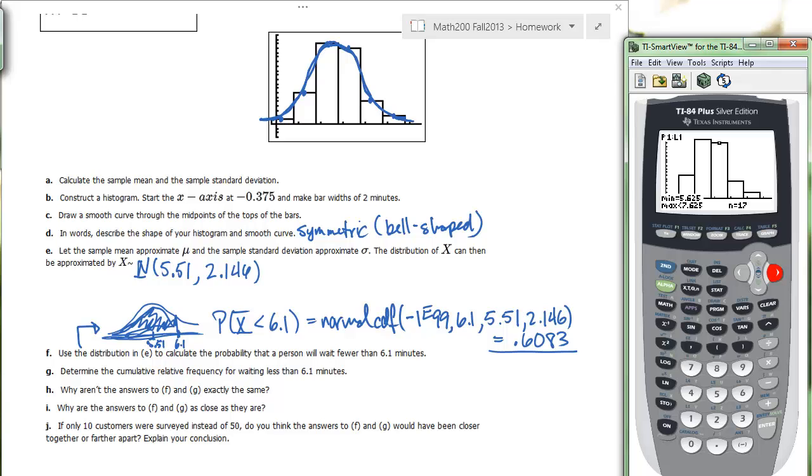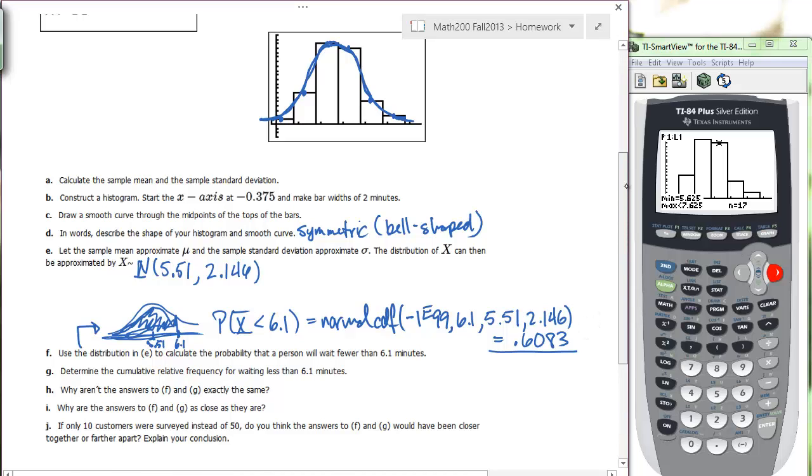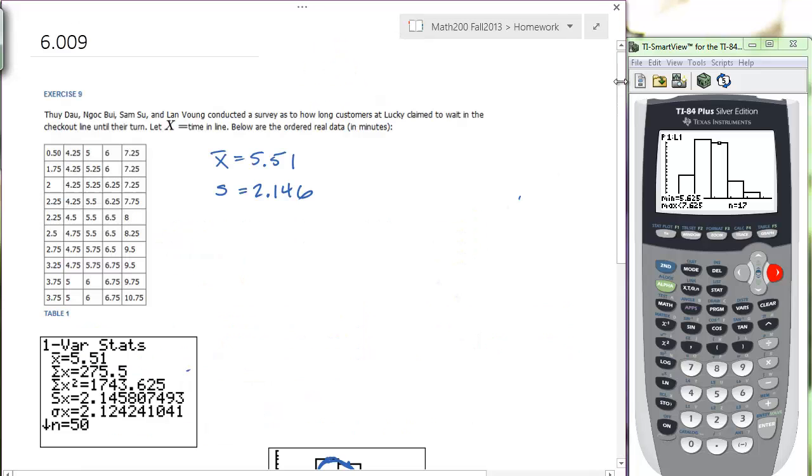But the other thing that we can do is take a look at our graph. Here we go. And look at 6.1. 6.1 would be somewhere over here. And we have 10, 20, 32.